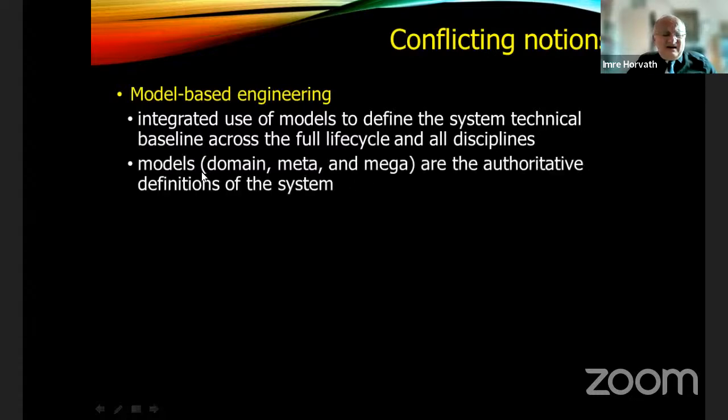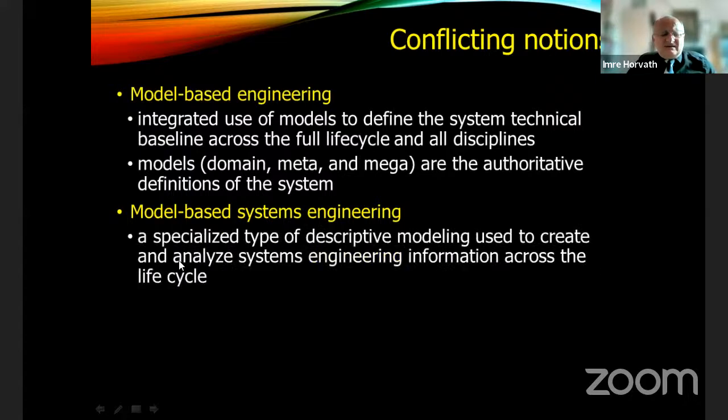It is based on models, which can be domain, meta, or even mega models, which are iterative definitions of the system. And this contrasts with model-based system engineering. Model-based engineering and model-based system engineering are somewhat different, because model-based system engineering is a special type of descriptive modeling used to create and analyze system engineering information across the life cycle.